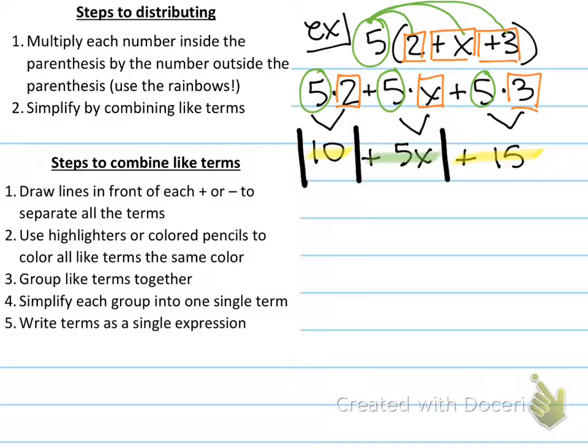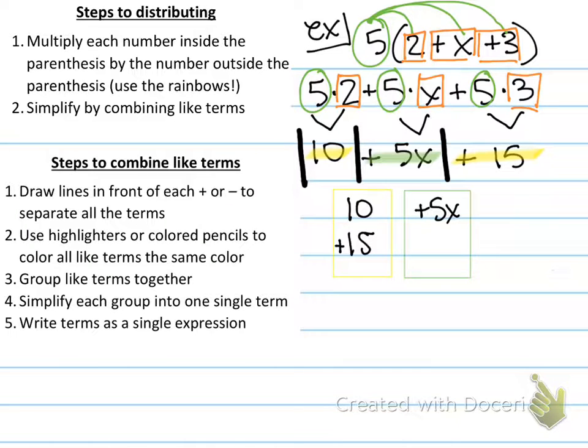So I'm going to draw some boxes so that I can do step 3, which is group my like terms together. I need a yellow box and I need a green box because I have 2 different groups. 10 goes in the yellow box, 15 goes in the yellow box, and 5x goes in the green box.